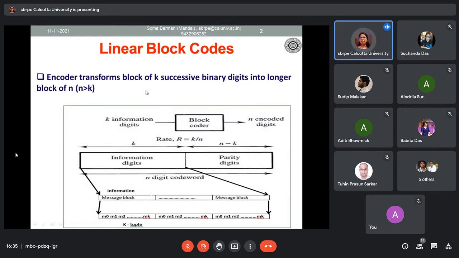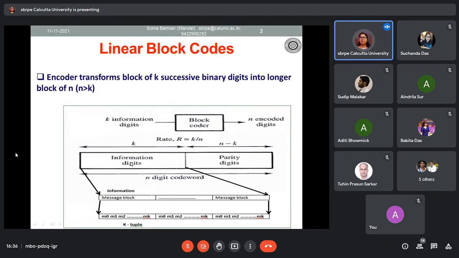So the encoder of the block code transforms a successive binary digit into a longer block of n. Obviously, when you add the redundant bits, the length of the code increases. How much the code length increases depends on how many redundant bits you add along with your information digits.